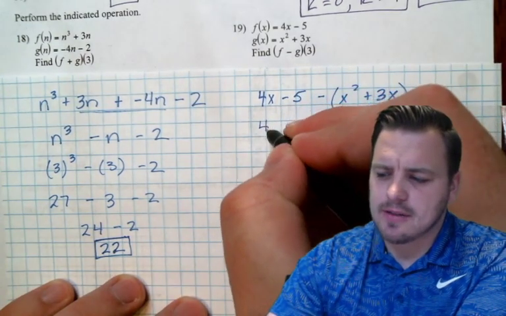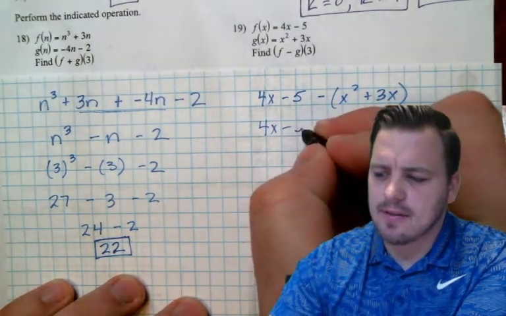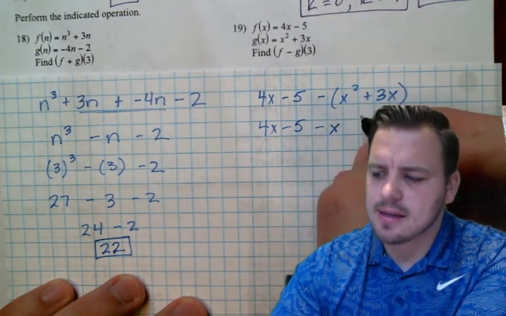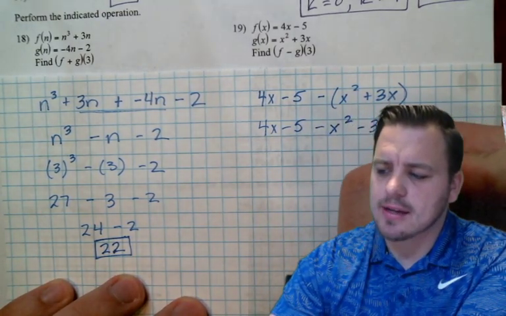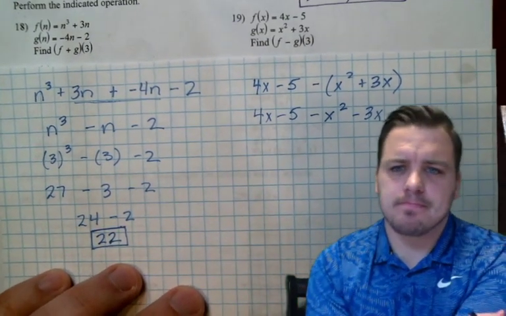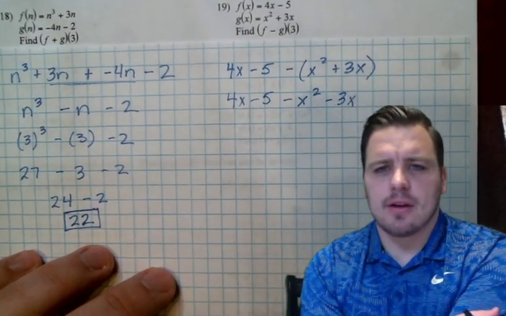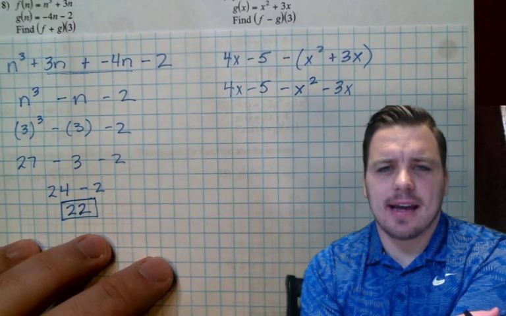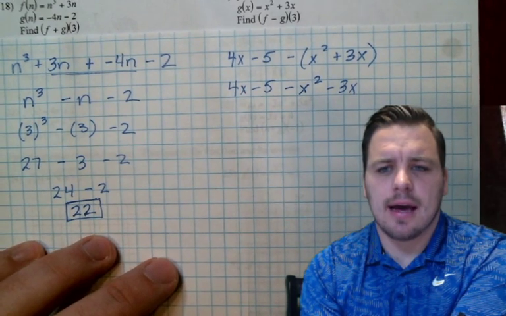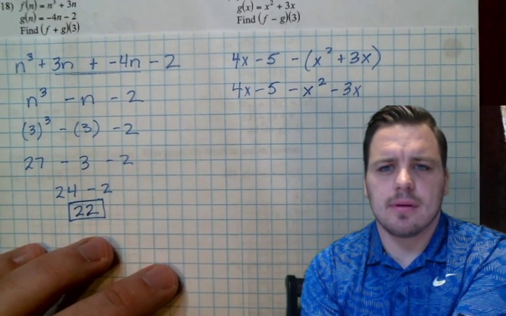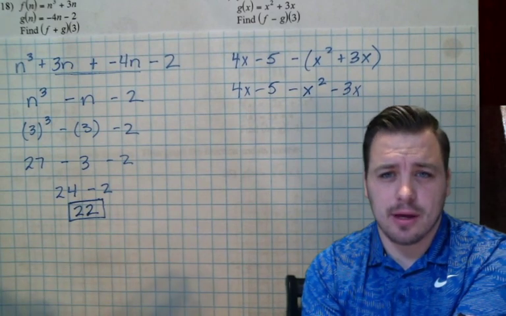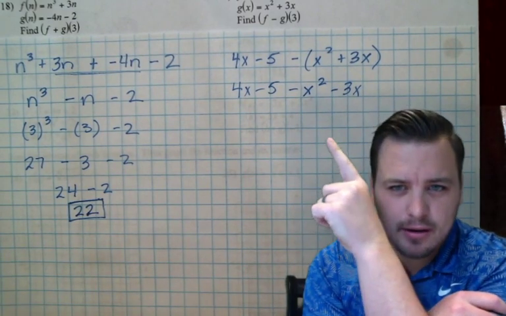And that would take us to 4x minus 5 minus x squared minus 3x. And then, of course, we need to evaluate that at x being 3.